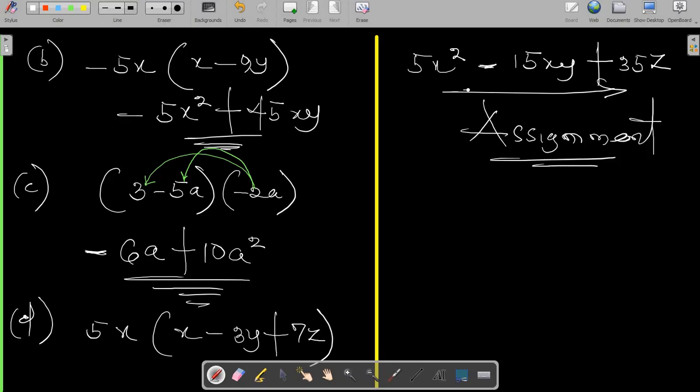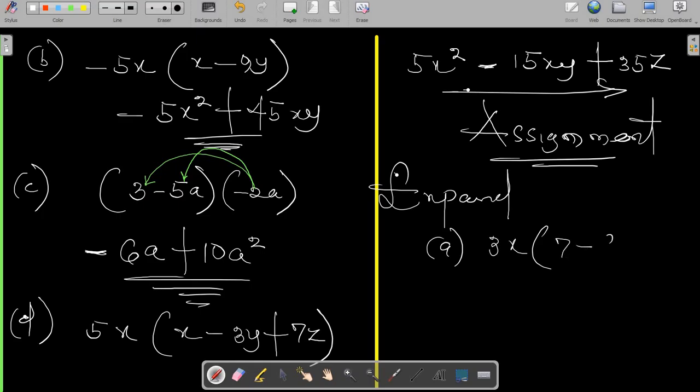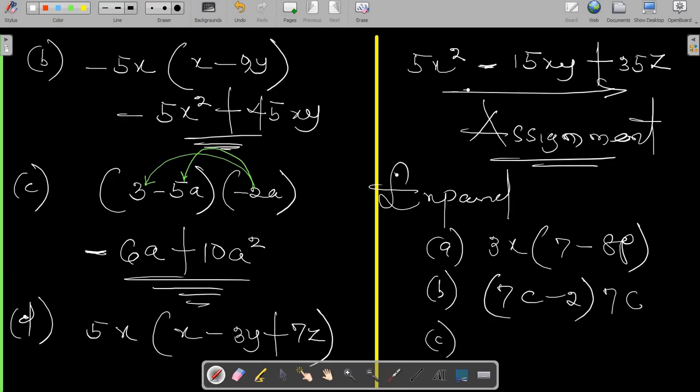So the first one here is that we should expand. Let me try to create it. So we have 3x into bracket 7 minus 8p. So the second one again is that we have 7 into bracket 7c. So this is your assignment. Make sure you solve them.